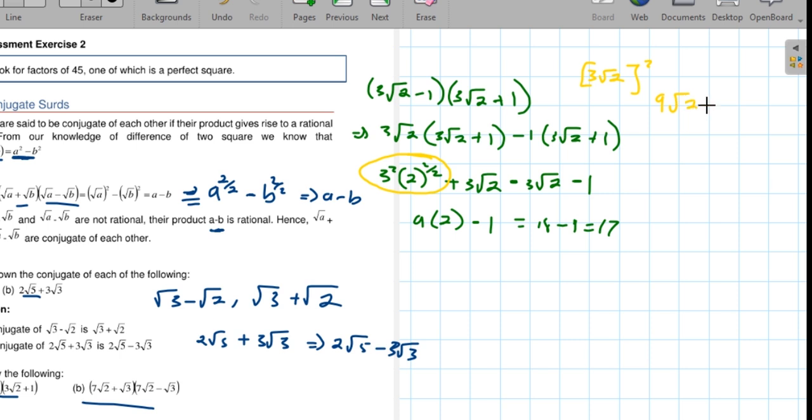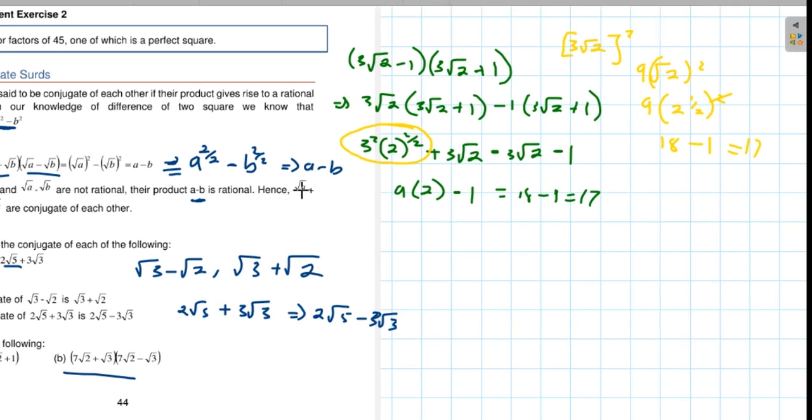Then we have root 2 squared, and root 2 squared is the same thing as 2 to the power of 1 over 2 multiplying power 2. So these 2 will go with these 2, and then what we have is 18, and this is minus 1, equal to 17. So that is the maths that we have there.